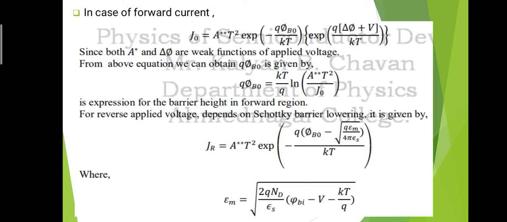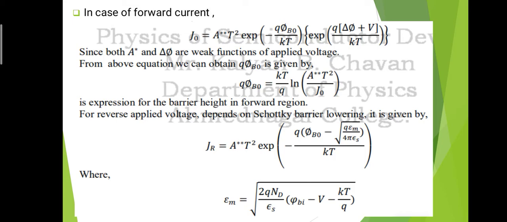For reverse applied voltage, the dependence on Schottky barrier lowering is given as follows. We discussed the condition in forward bias, but what happens in reverse bias? We know that in reverse bias the Schottky barrier lowering takes place.